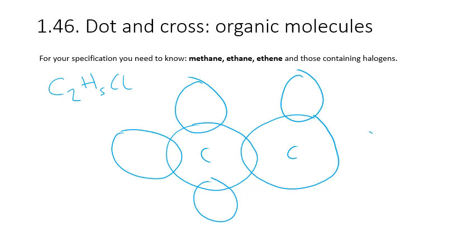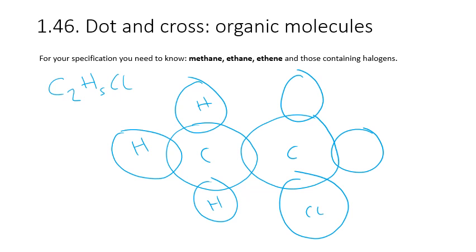And we'll have 2 hydrogens around the other with a chlorine atom. So let's just fill in our electrons. So 3 single bonds, so 1, 2, 3. Single bonds between the carbons. And then, of course, single bonds between the carbon and each of the atoms bonded to it.